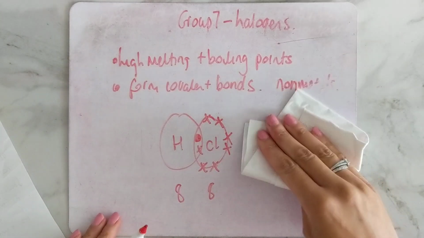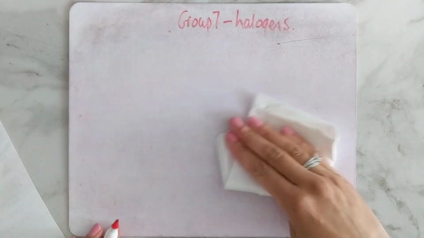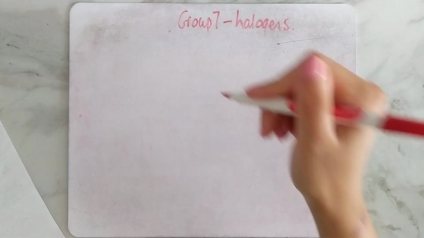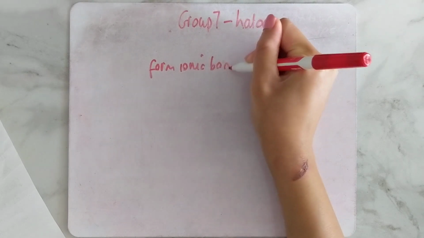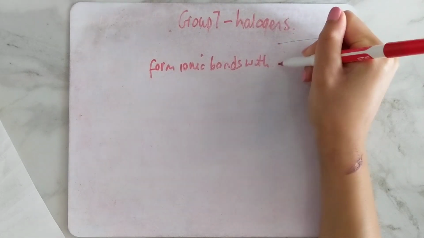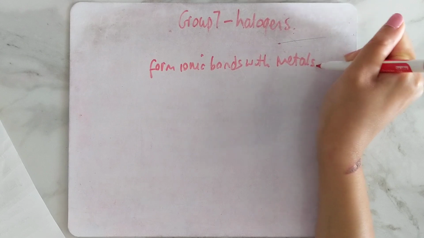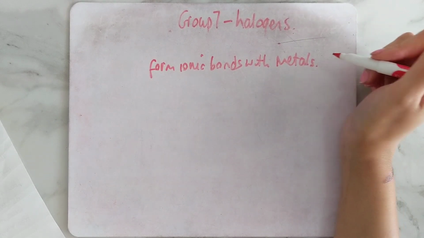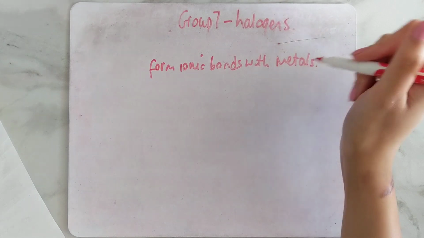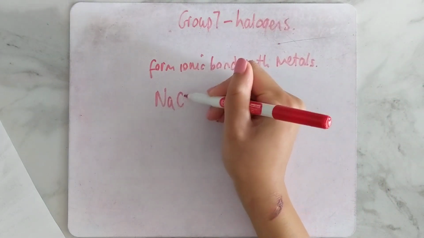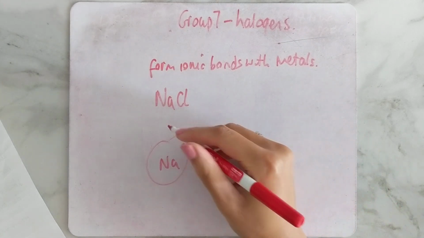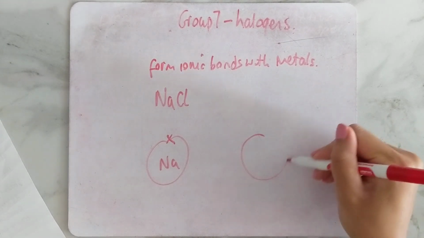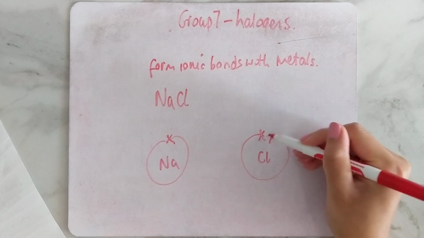They can also form ionic bonds with metals. So ionic bonding is the giving and receiving of electrons. So for example, let's try NaCl. Na has 1 electron in its outermost shell, Cl has 7.